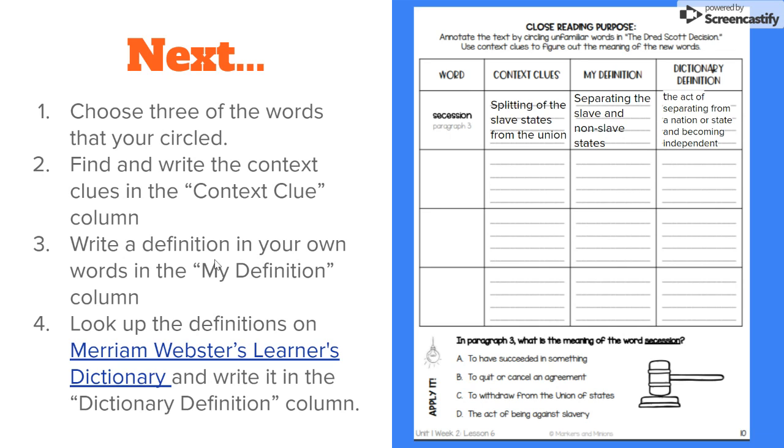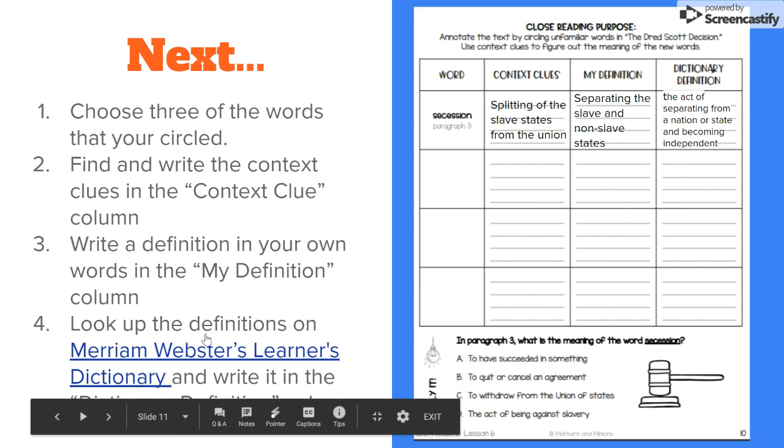Then, number 3, write a definition in your own words in the My Definition column right here in the middle. Remember, they have to be in your own words. You may not copy the context clues. And I don't want you to go in and look in the dictionary definition until you have done this. Notice the number order here. Finally, you're going to do just as I did on number 4. You're going to go to Merriam-Webster's Learner's Dictionary. You have the link that's right here. And look up the definition that best fits the context clues.